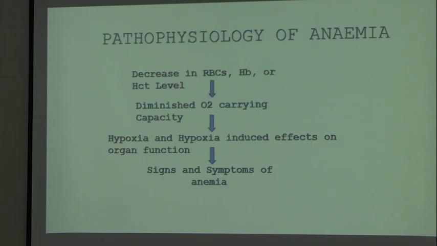And pathophysiology. What happens if hemoglobin level, RBC level comes down? What will happen to the body? The blood will be unable to carry sufficient oxygen to the tissues, means there will be hypoxia. And this hypoxia in the tissues will create some changes in the cells, in the tissues, in the body.